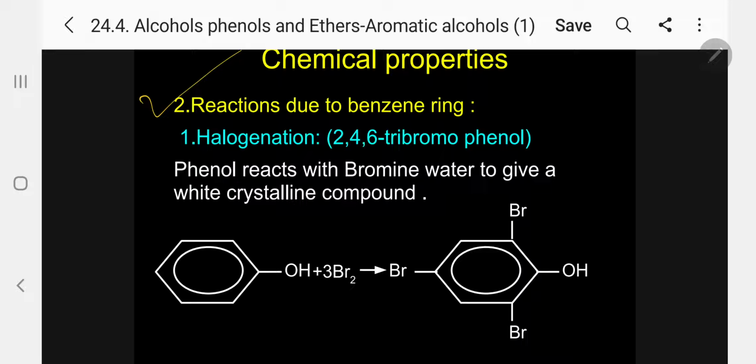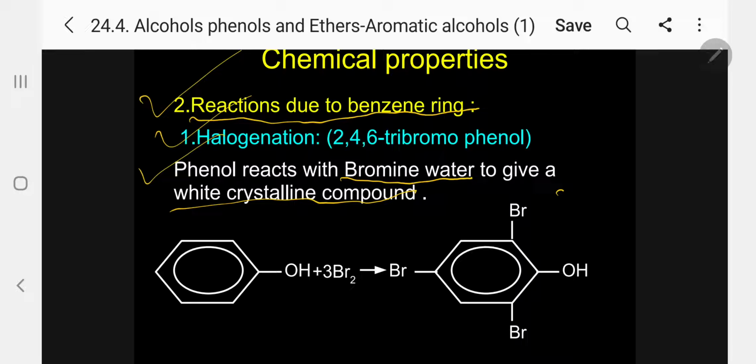Examples. First, reaction due to the benzene ring, because it has nothing to do with the OH group. Halogenation, first one. Simply by adding bromine water, phenol reacts with the bromine water to give a white crystalline compound.